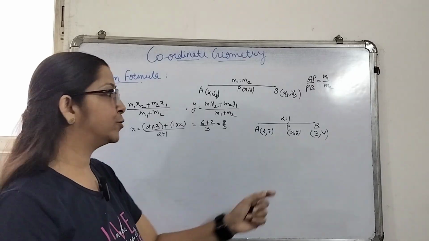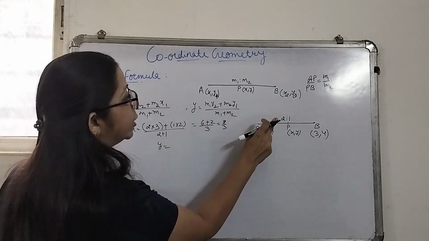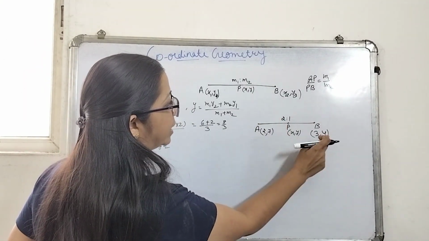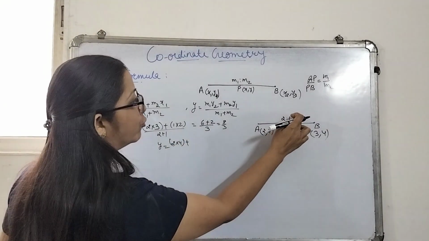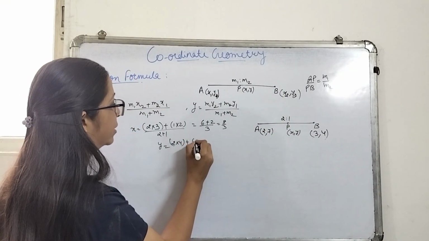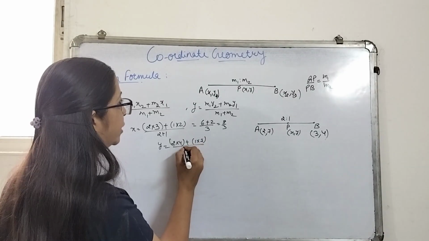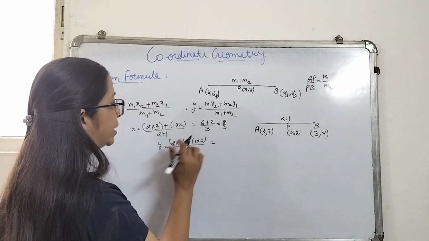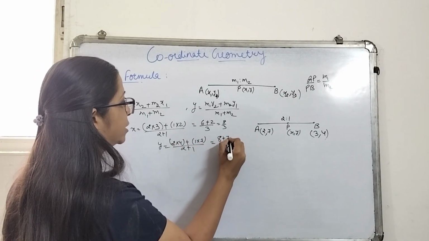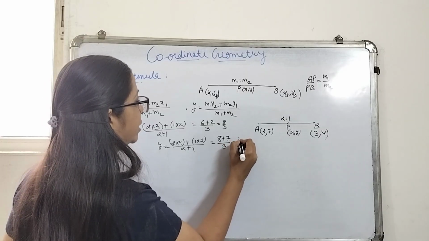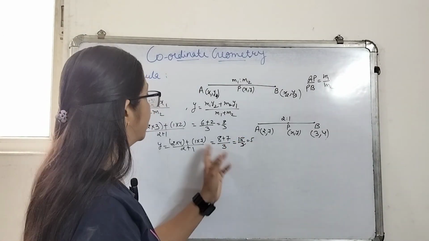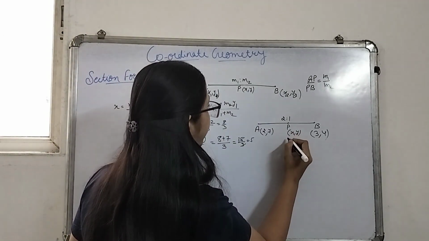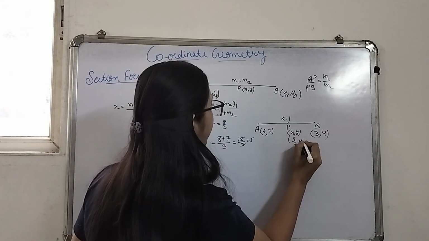Now the y coordinate will be 2 multiplied by this 4, plus 1 multiplied by 7, divided by 2 plus 1. 2 multiplied by 4 is 8, plus 7, over 3, that is 15 over 3, or we can say 5 also. So the coordinates of point P are 8/3, 5.